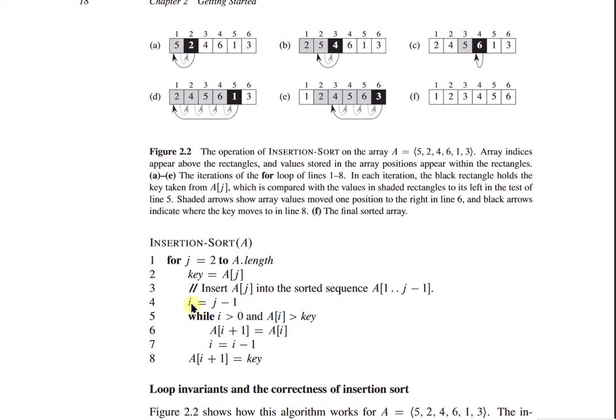Let us see, we have another variable i equal to j minus 1, which is the fourth card. While i is greater than 0 and A[i] is greater than the key, A[i+1] is equal to A[i], i equals i minus 1.